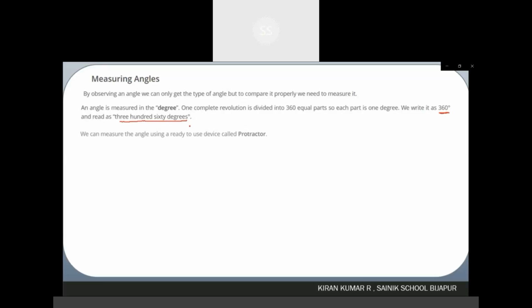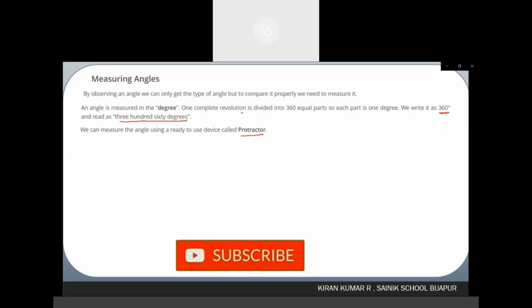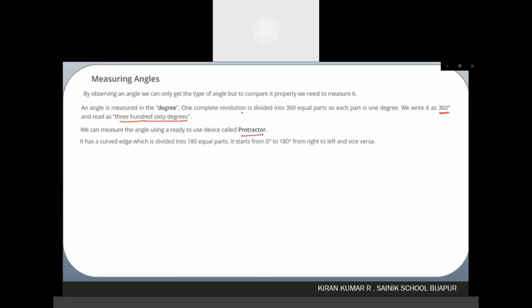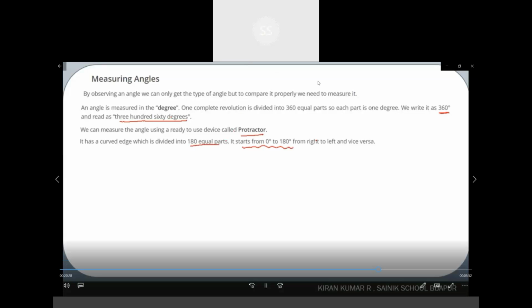We can measure the angle by using a device called a protractor. In your compass box, you must have observed this particular instrument. It has a curved edge which is divided into 180 equal parts. We go from 0 degrees to 180 degrees, from right to left, and vice versa. It all depends on how you are measuring the angle.